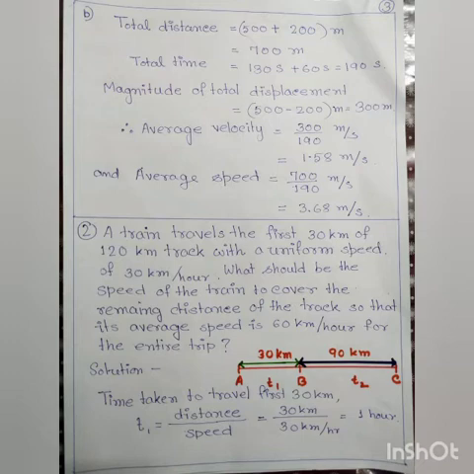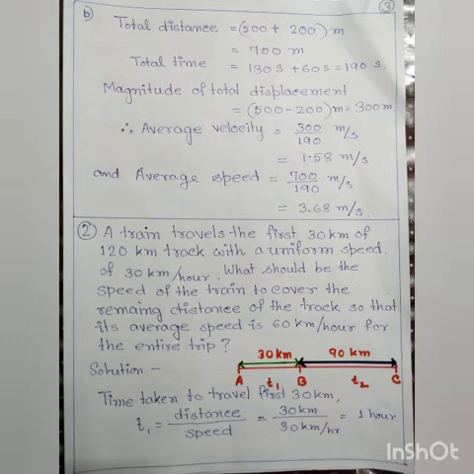But what will be the magnitude of total displacement? See, here the initial point is O and the final point is B. So the displacement will be the shortest distance between O and B, that is 500 minus 200, or 300 meters. Therefore, the average velocity will be 300 by 190 meters per second, or 1.58 meters per second.